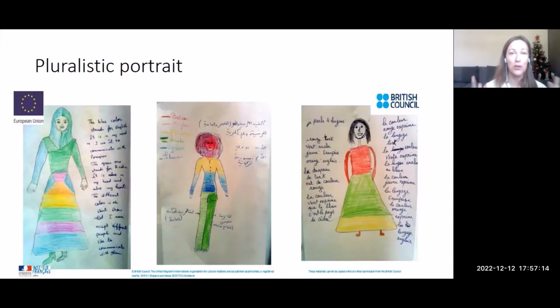So it's not just a beautiful art activity, although you can see the children come up with really wonderful pictures. But the aim is after this to find out what the children did. What does it mean? So there is a speaking activity afterwards where children share, where you can ask them and find out the languages they speak and what feelings, what emotions they associate with them.